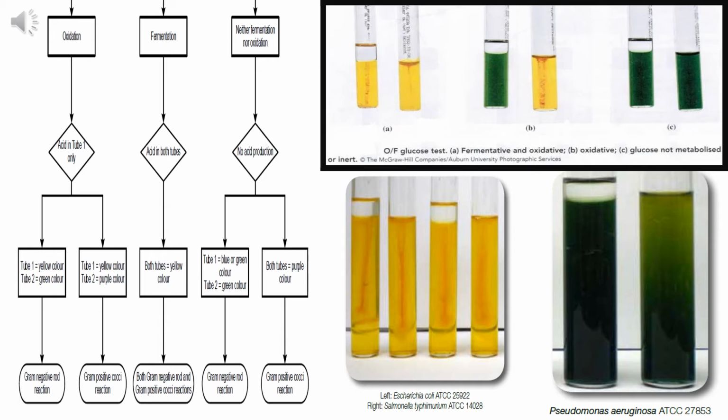Tube 1 is blue or green, and tube 2 is green. This is the gram-negative rod reaction, while both tubes having a purple color is the gram-positive cocci reaction. So this is the end of my report.